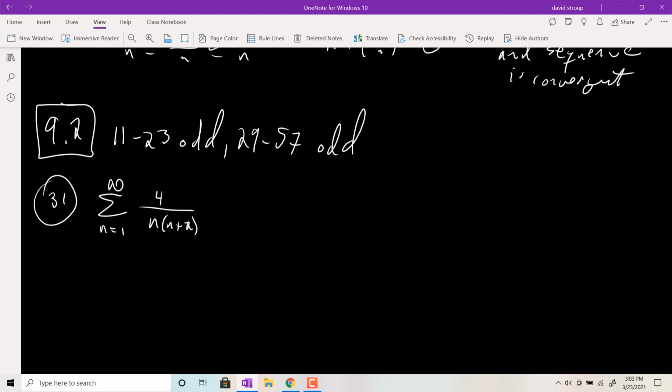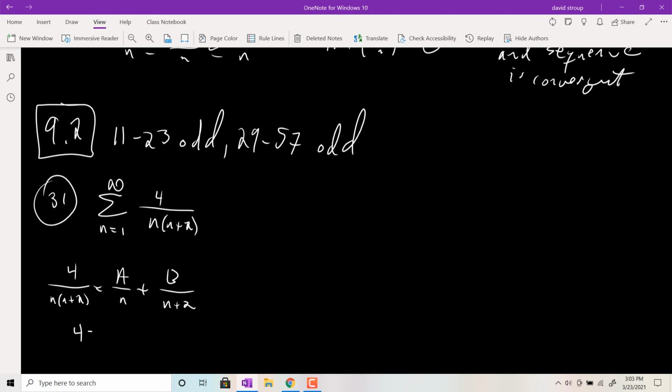So with one of these, you look at it and you can think, okay, I could probably do a partial fraction decomposition on the terms of that series, so that's what you do. So let's go down here a little bit and pull that off. I'll multiply through by n times n plus 2.